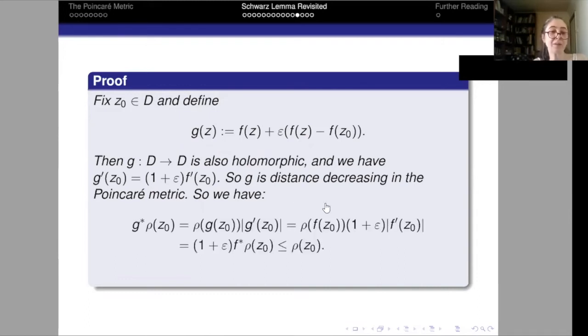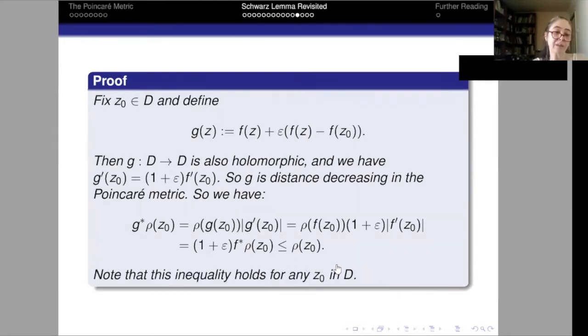So we have g star rho at the point z0 is equal to 1 plus epsilon times f star rho at the point z0, which is less than or equal to rho z0.